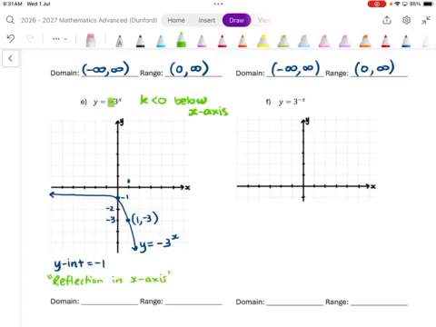Because what we have done is our original function that we sketched, y equals 3 to the power of x, we have reflected that in the x-axis. That terminology will help us when we look at transformations of functions. Our domain hasn't changed. Our domain is still negative infinity to infinity, but our range has changed now. Our range is now negative infinity to 0.